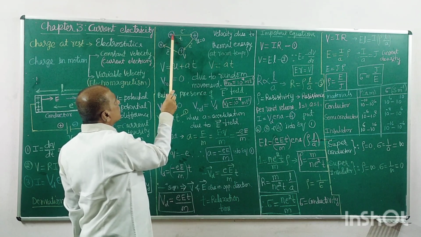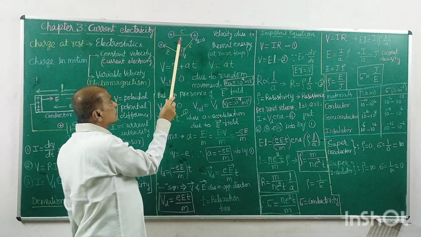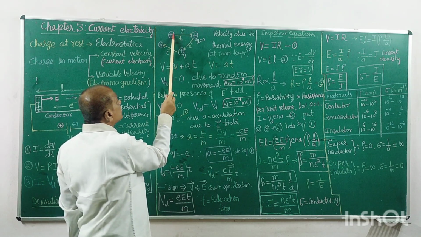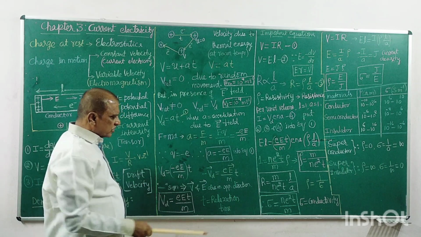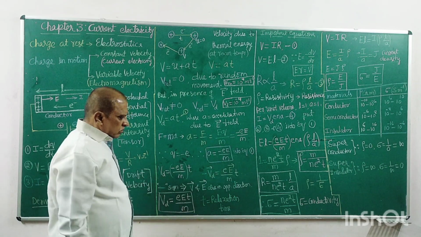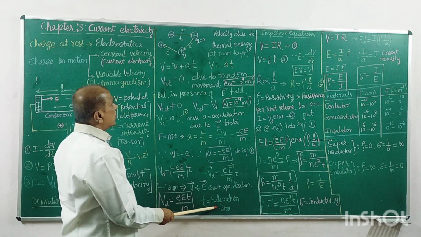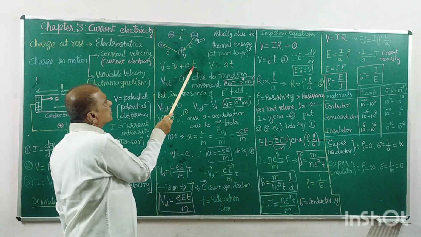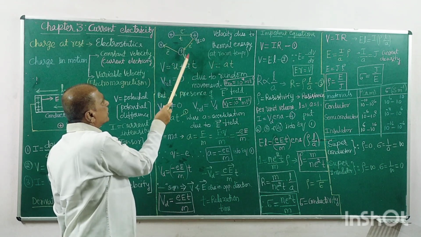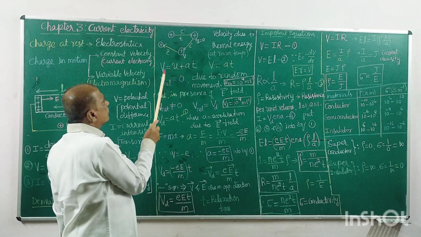So the time taken for the electron to travel from this kernel to this kernel is called t. It is known as the relaxation time. So at this time, from here to here, the velocity is v.